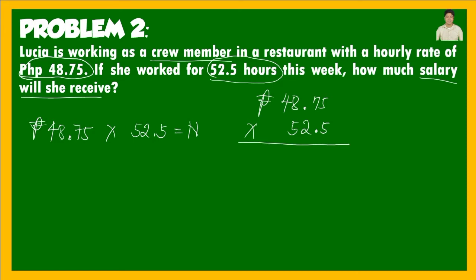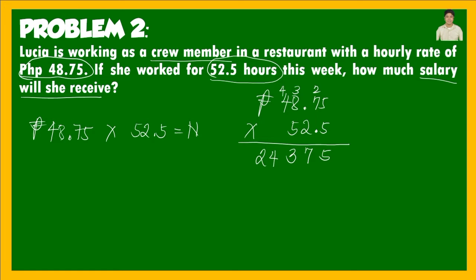Five times 5, we have 25. So, we'll write 5 and then carry 2. 7 times 5, that is 35 plus 2, 37, carry 3. 8 times 5, 40 plus 3, 43. So we'll write 3 and then carry 4. 4 times 5, 20 plus 4, 24.